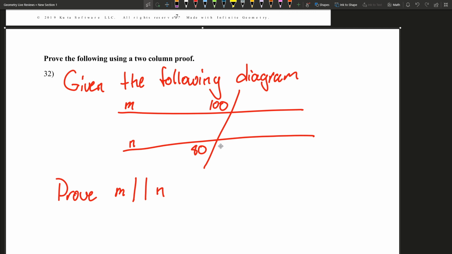Okay. Number 32. The first thing I'm going to do is to label some of these angles. So the way I would go about doing this is saying that angle A and angle C are a linear pair.